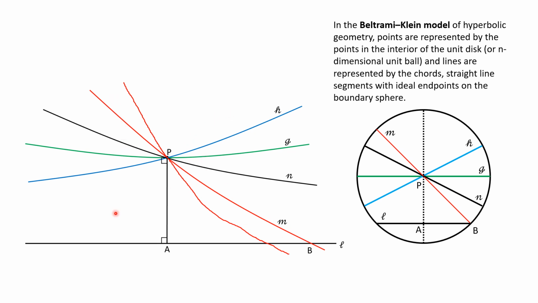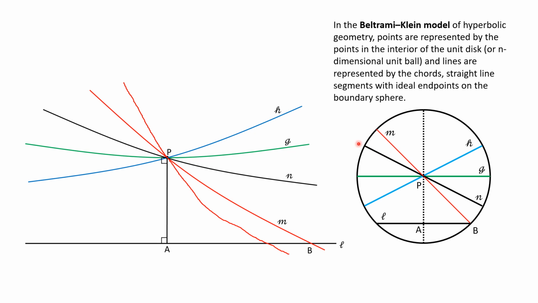And then going on to the left, going in this direction here, there'll be yet another line that also demarcates between lines that intersect and lines that are parallel to line L. So that's one set of points I want to make.